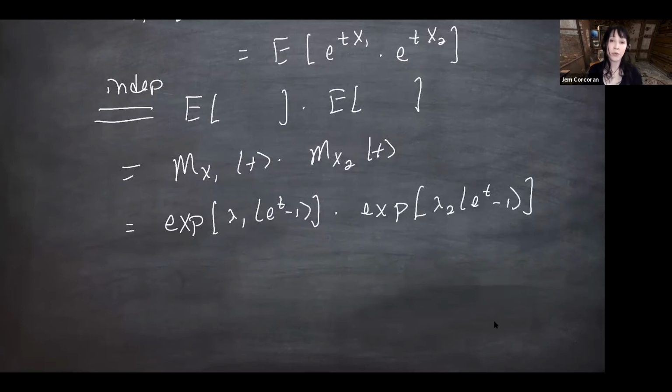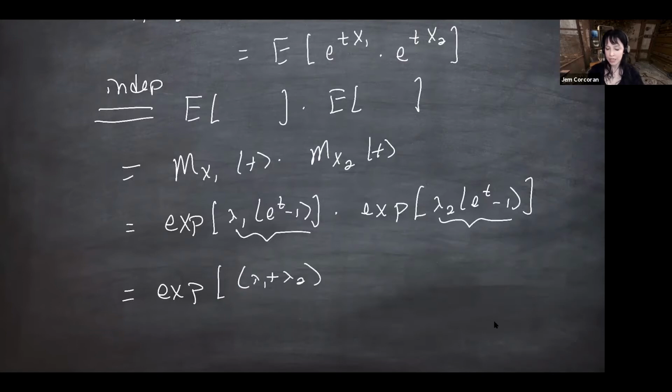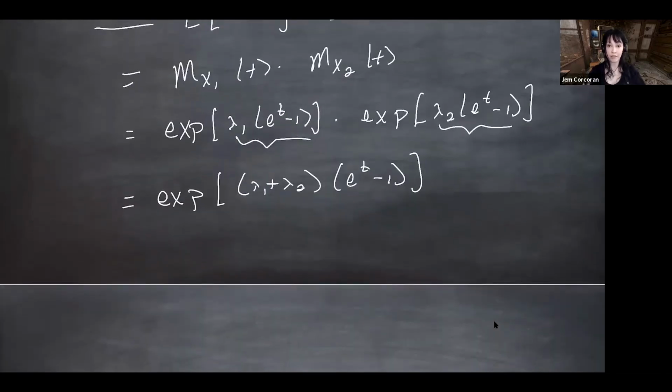And these things in the square brackets are exponents. So you get e to the first and e to the second, and you get to add them. So I'm going to add the two exponents, and I'm also going to pull out the e to the t minus 1, and we get e to the lambda 1 plus lambda 2 times (e to the t minus 1), which is the moment generating function of a Poisson random variable, not process, sorry, with rate parameter lambda 1 plus lambda 2.